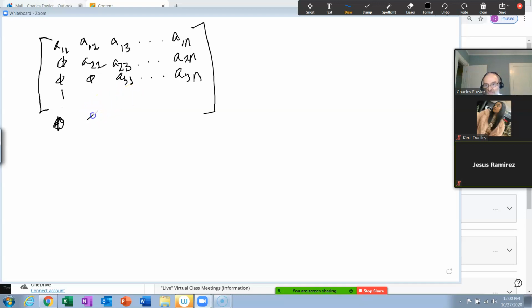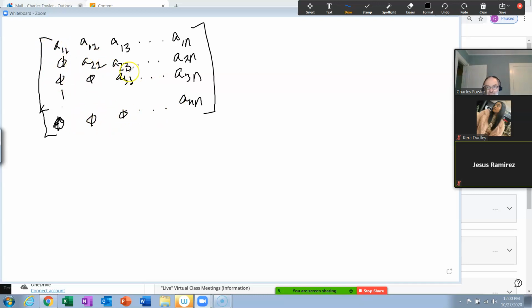This one will be a 0. This one will be a 0. In fact, everything's going to be a 0 up until that last entry, A sub n,n, and that will usually be a non-zero entry. I didn't bring this down far enough, so let me get it down like this. Everything below the main diagonal is a 0.